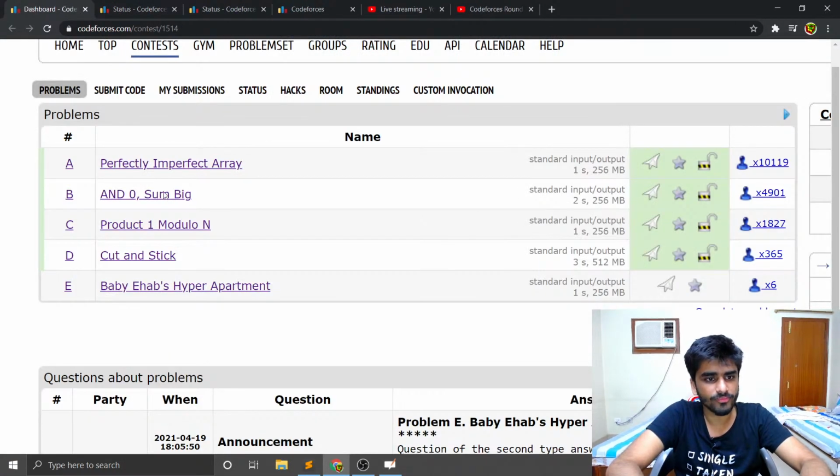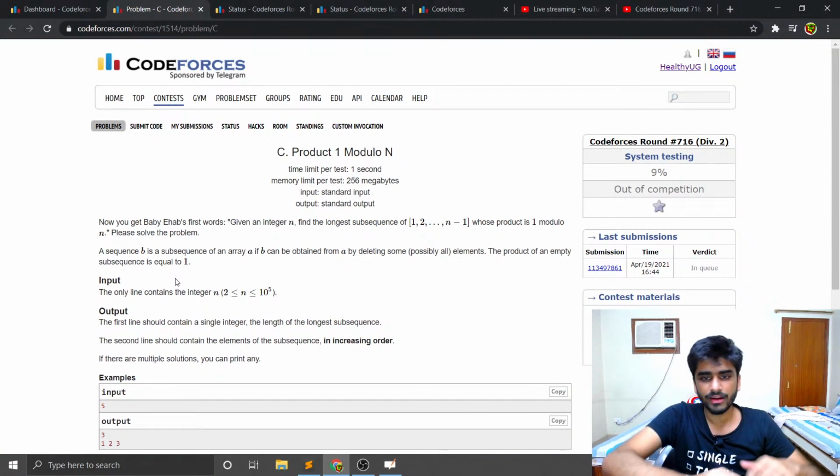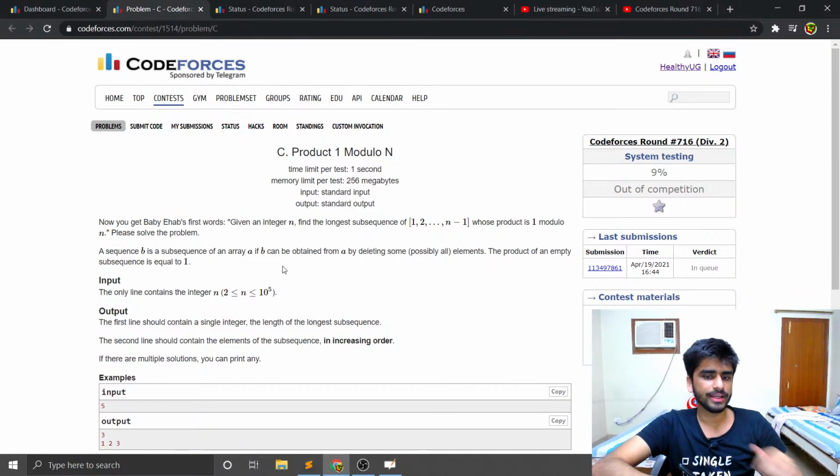Okay. And then we have this one, product 1 modulo n. I like this one a lot. This is actually very interesting, and you need to be familiar with number theory to understand what is going to happen now.